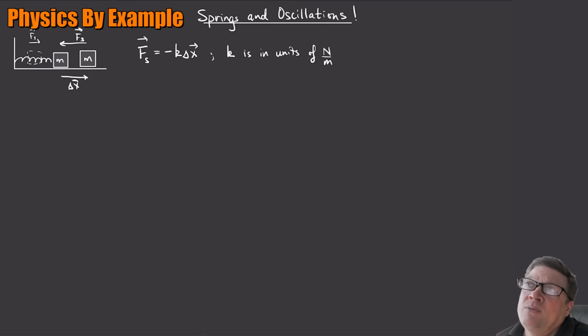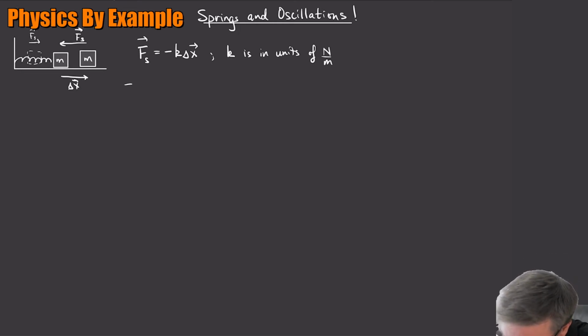Okay, so if this is the only thing acting on this mass, so forget about friction or gravity, it's on a horizontal surface, and it's all in one direction, so I can forget about that vector sign.